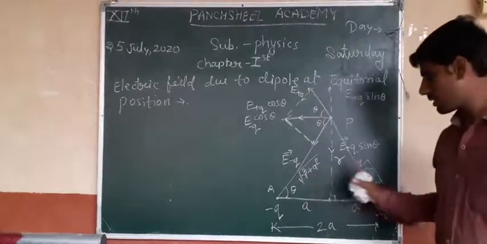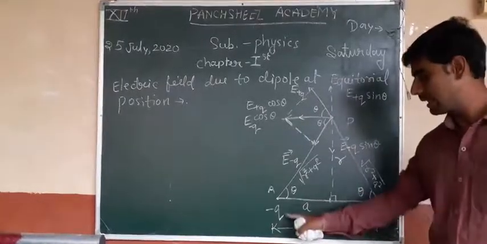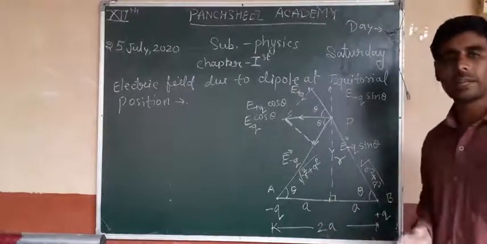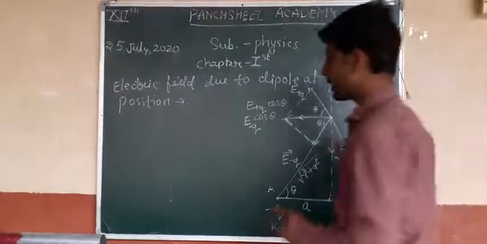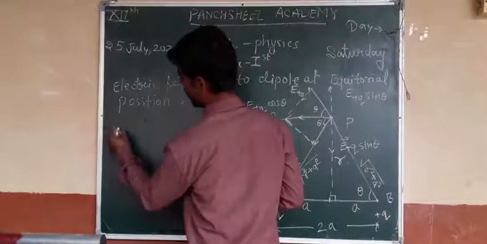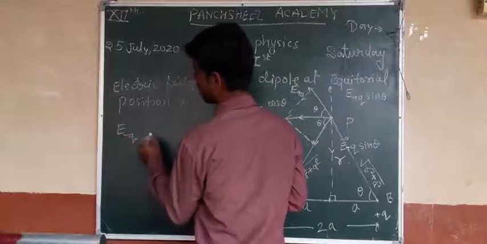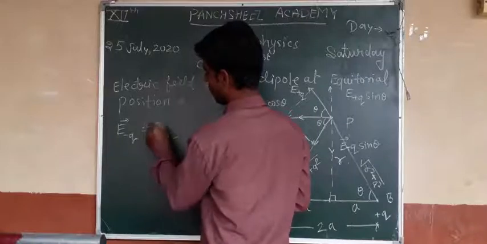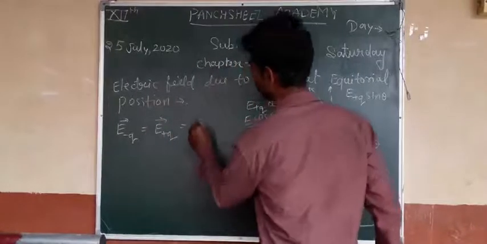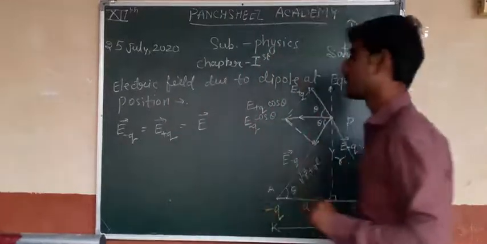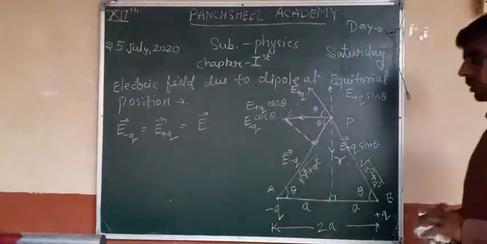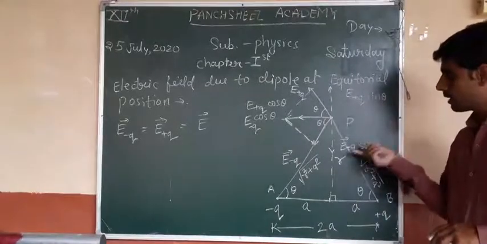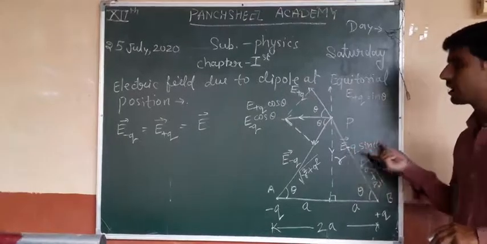These two distances are the same, and the magnitude of the charges is also the same, but the polarity is different. So if I consider E minus q equal to E plus q equal to what? E, only E. So E sin theta, and this value is also E sin theta.